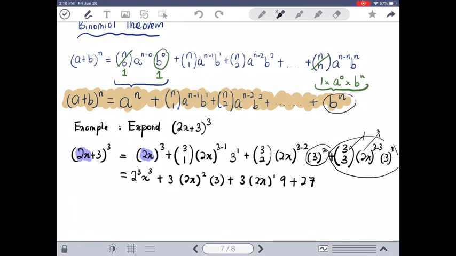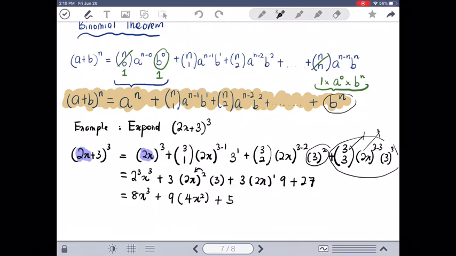Now we simplify everything. It becomes 8x to the power of 3, plus 3 times 3, 9, times 4x squared. So when we expand that, it becomes 2 to the power of 2, x to the power of 2, plus 3 times 2, 6, 6 times 9, 54.